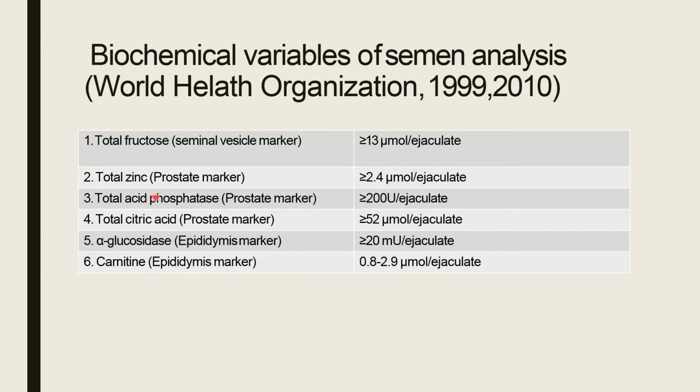So these phosphatases help to degrade the protein fiber present in the semen fluid in order to make it more fluid. And then total citric acid is released from the prostate gland, and it should be greater than or equal to 52 micromole per ejaculate.